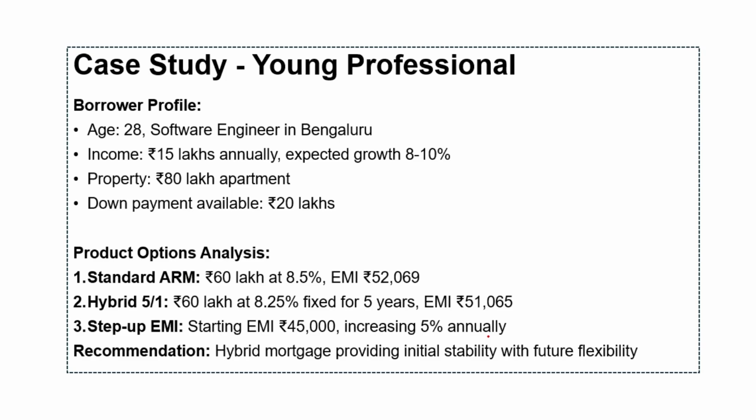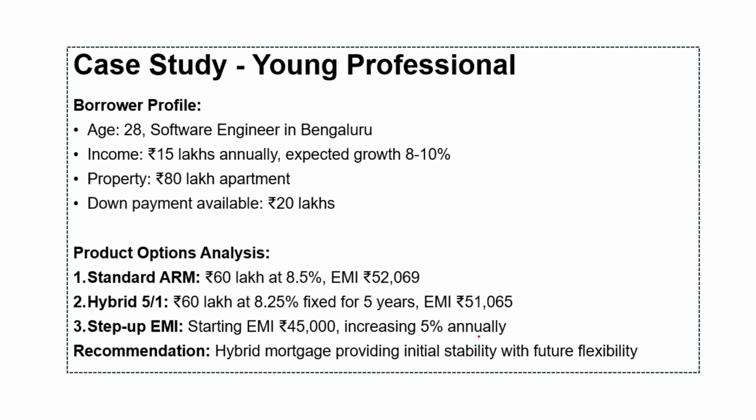Young, well-educated professional with strong income growth prospects but limited accumulated wealth. The 15 lakh annual income places him in the upper middle class category with good affordability but insufficient for jumbo loan programs. Expected 8 to 10% income growth reflects typical IT sector career progression, suggesting capacity to handle increasing payments over time.